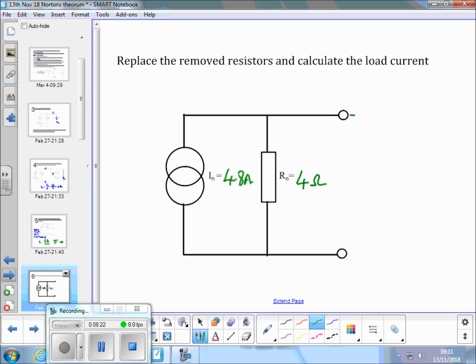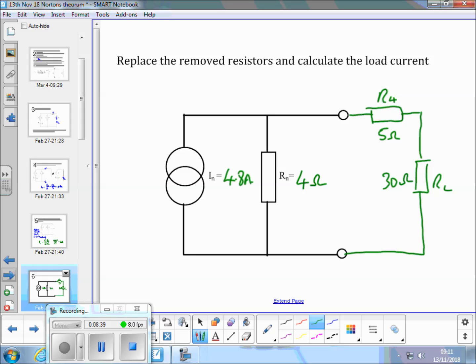We then put back in our R4, which is 5 ohms, our RL, 30 ohms, and there are terminals A and B. So that's what's called the Norton's equivalent circuit, is that bit with the two terminals on, and then we can put a load back in here, or any other load, and calculate the consequences of that.